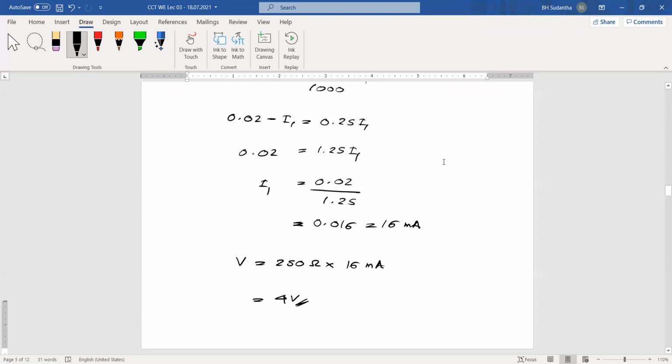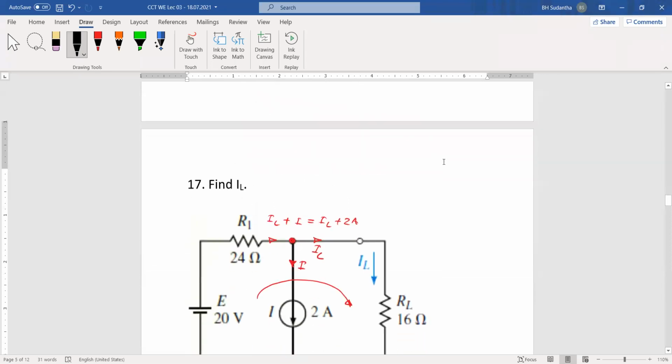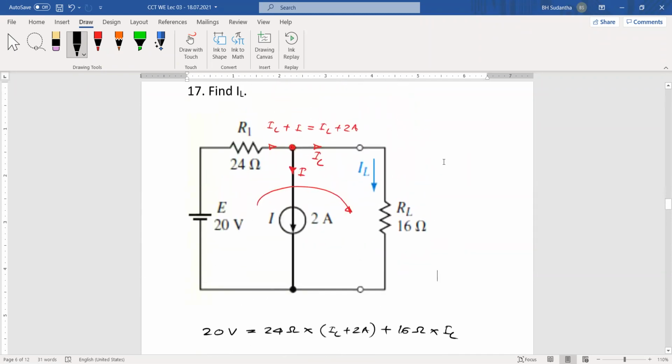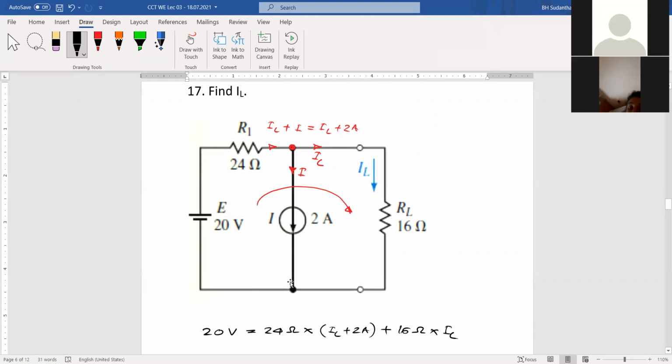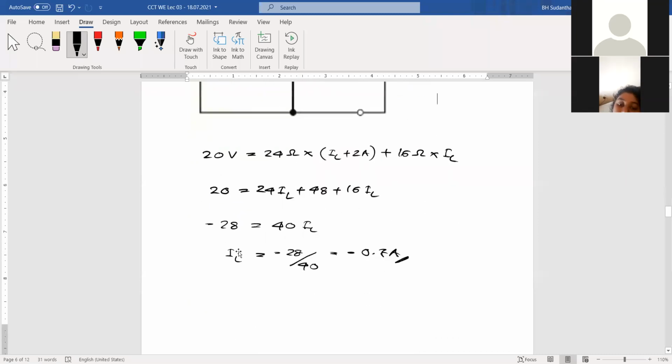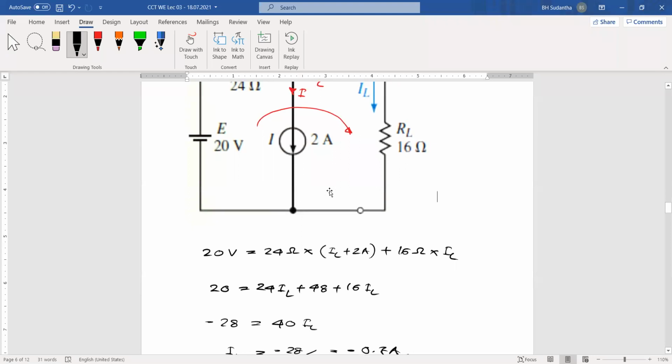Okay, the same question: how can the current travel in the opposite direction in this question? Because we don't know the effect of this 2 ampere current, it may go in this direction, and then at the end the final current IL may be negative. It doesn't matter.